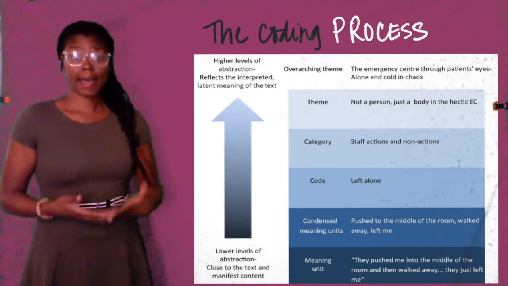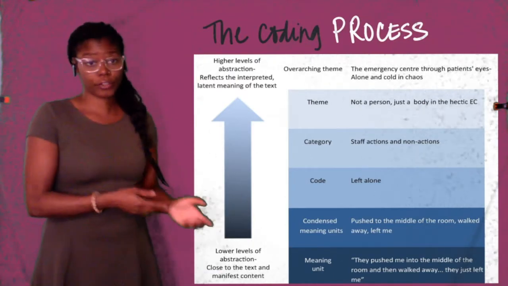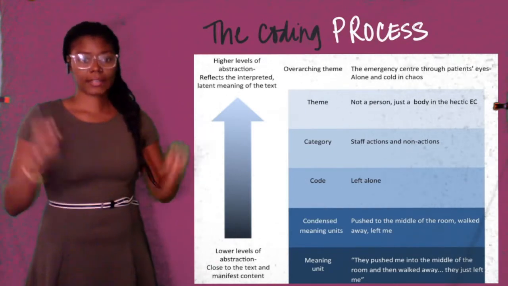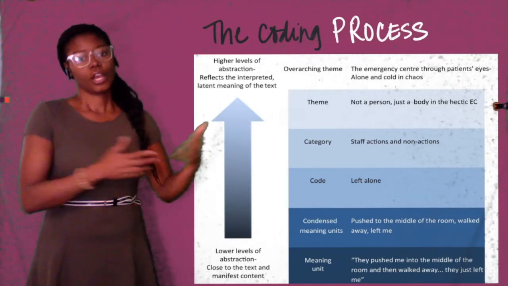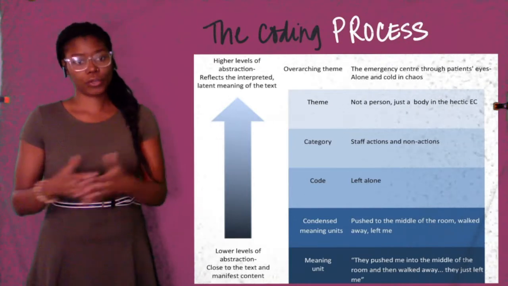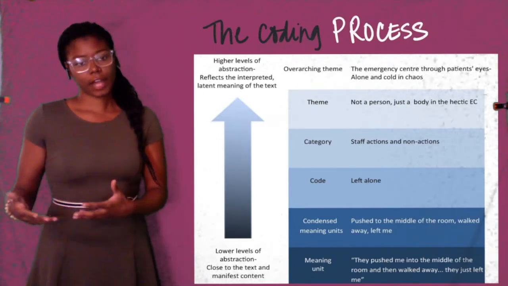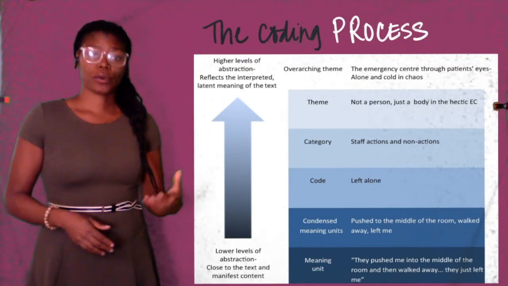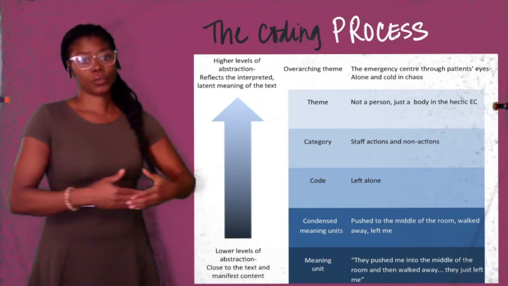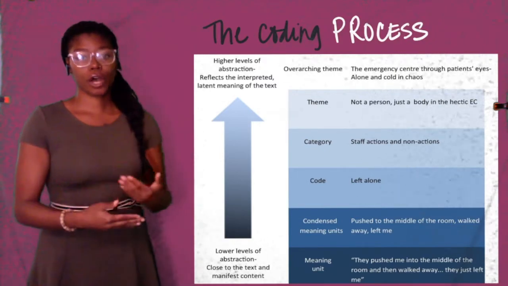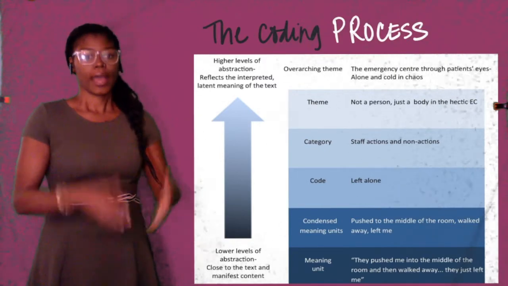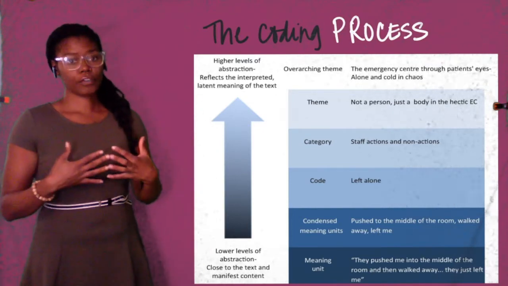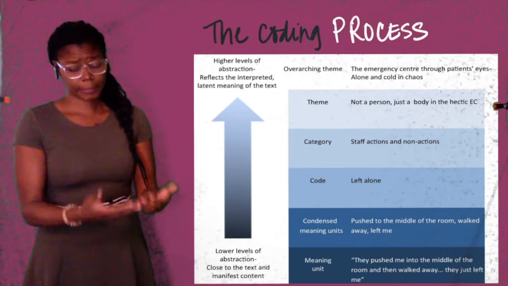Now, remember that we have talked about coding in the past in interview and ethnographic data. The coding process doesn't really change depending on the method when you're talking about qualitative methodology. You may have different approaches, whether it's grounded theory, which is where you code as you go, as opposed to aggregate analysis, where you collect all of your data and then you analyze it.